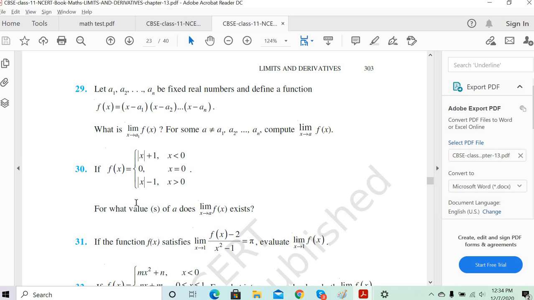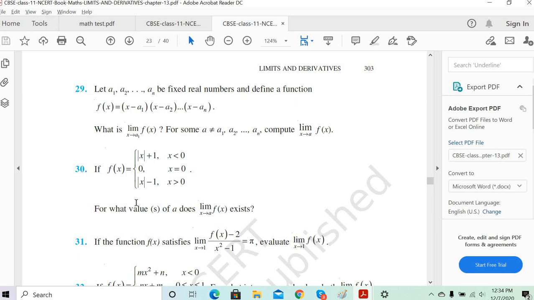Let's understand how exactly we are going to do this question. What they have given you is the limit as x tends to a1 of f of x, right? We need to find that one, so x tends to a1, isn't it? Yes, sir.